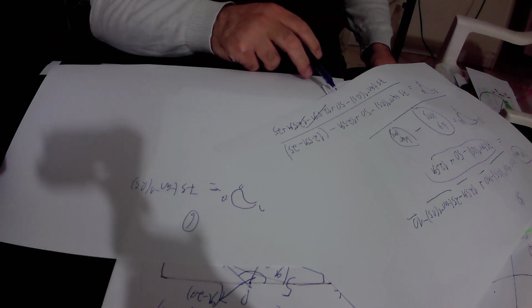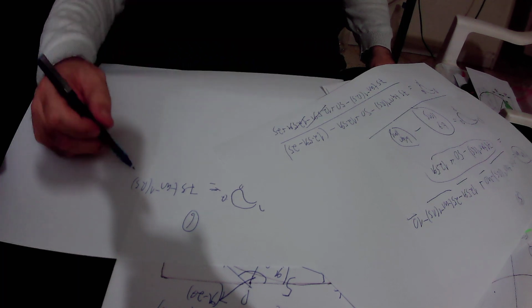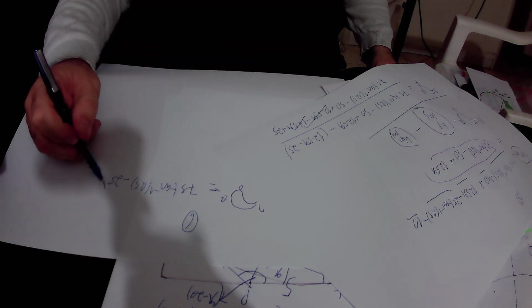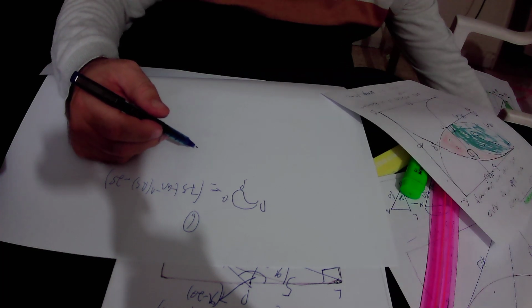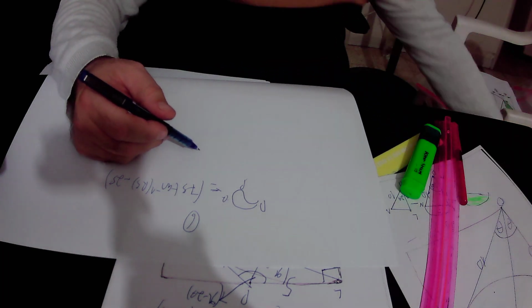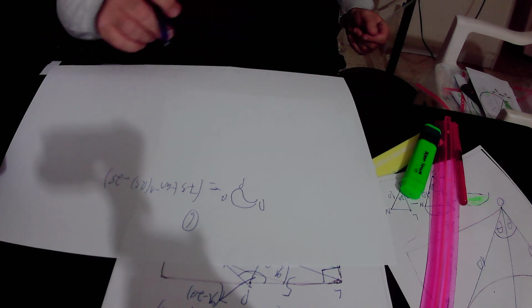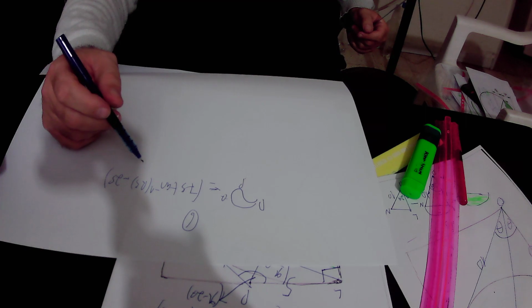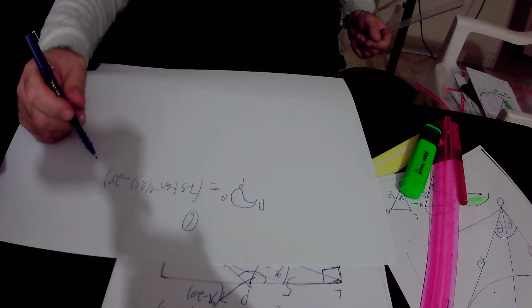Here we have minus 50 plus 25 is minus 25. So in conclusion, the area of the orange shape is equal to 75 times tangent minus 1 of 0.5 minus 25.